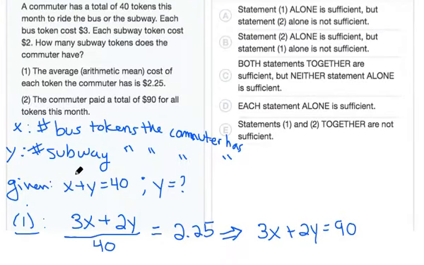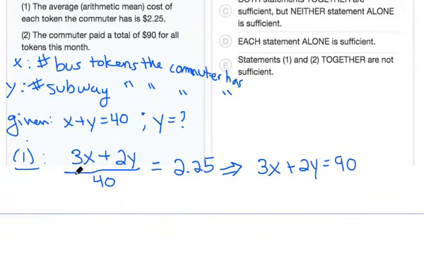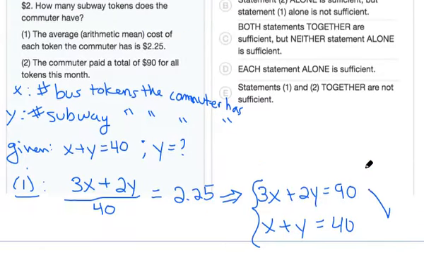So for statement 1, we have the equation from statement 1, as well as the given equation together, and together these set up a system of 2 unique equations. We should be able to get an answer for both x and y, meaning that we could find a value for y. So this statement alone would be sufficient.